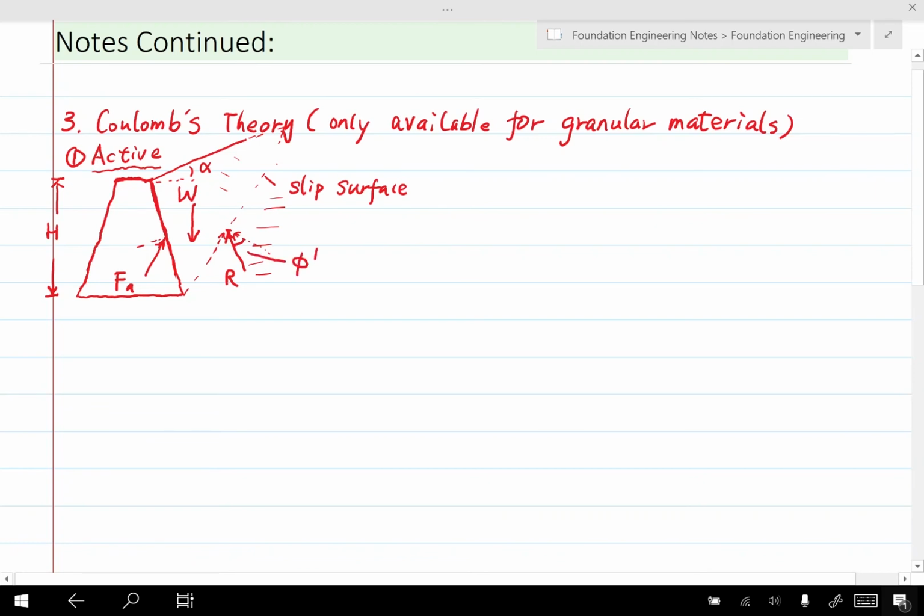And for the FA, this angle is caused by the friction between the wall and the soil body, and that is determined by the friction angle between the wall and the soil. So that's delta prime. Location for FA, it's not difficult to figure out that, if we draw a horizontal line, this location should be 1/3 of h.